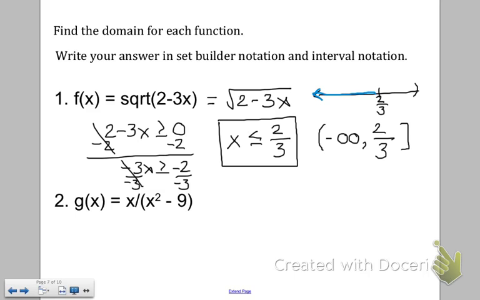And I also want the 2/3 itself because I have that less than or equal to 2/3. So sometimes it can help to see what's going on visually on that number line first, so that you can then write it in interval notation. So just to be clear with you, this is set builder notation, and this is interval notation.